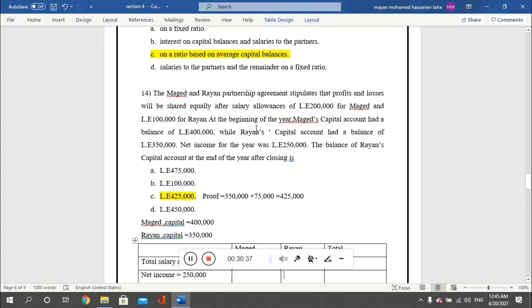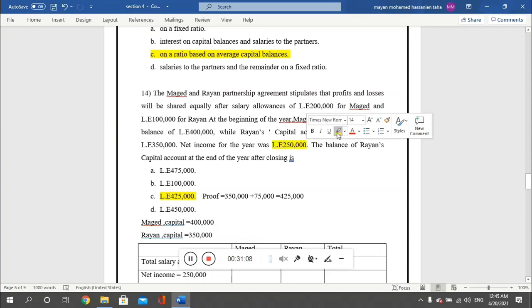This is the salary allowance. At the beginning of the year, Magid's capital account had a balance of 400,000 livre Egyptian, while Ryan's capital account had a balance of 350,000 livre Egyptian. Net income for the year was 250,000 livre Egyptian.